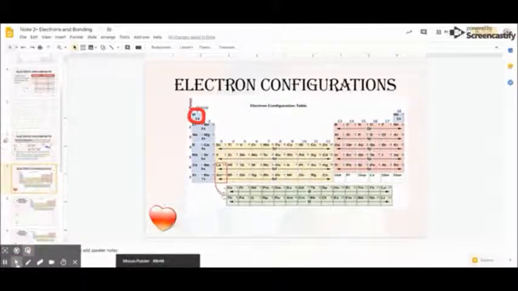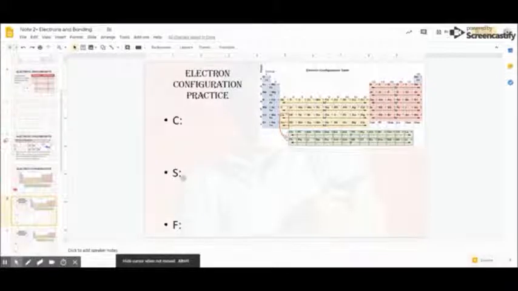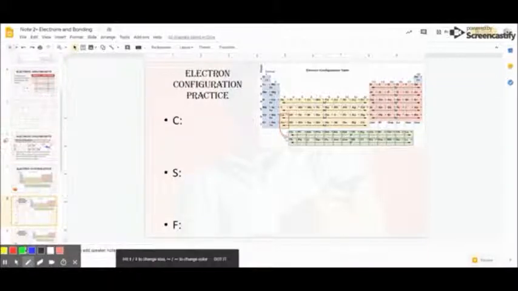So let's try an example. Let's try sulfur here. We already had carbon. We want to find sulfur on our little reference cheat sheet. Here's sulfur way down here.